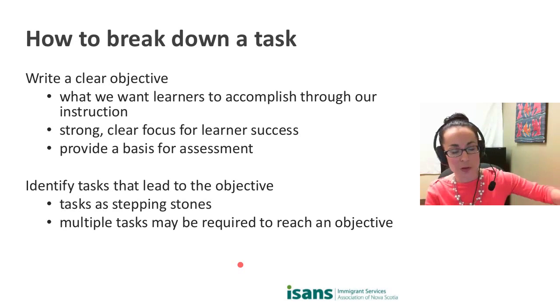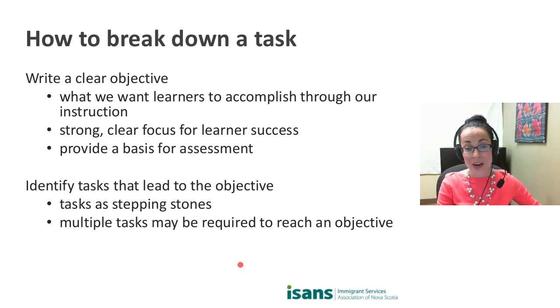So the first thing when you're dealing with a task is thinking about how we're going to break that task down. Okay? And above all, the first very important thing is to make sure that you write a clear objective. An objective that leaves very little room for questions.